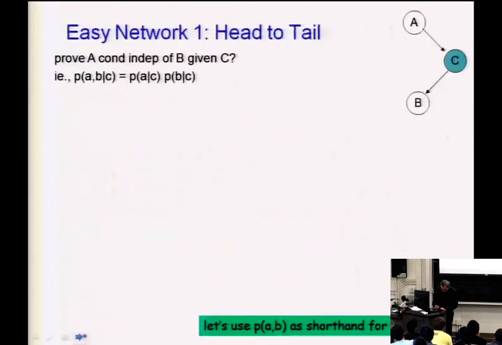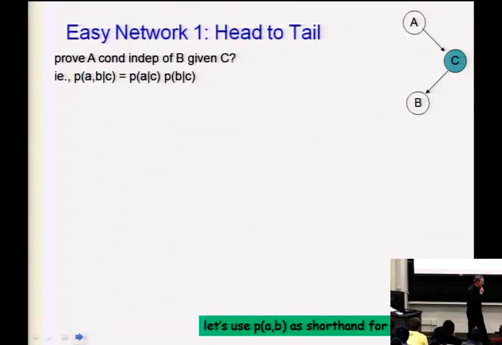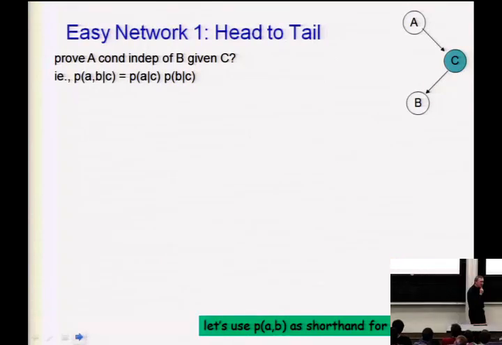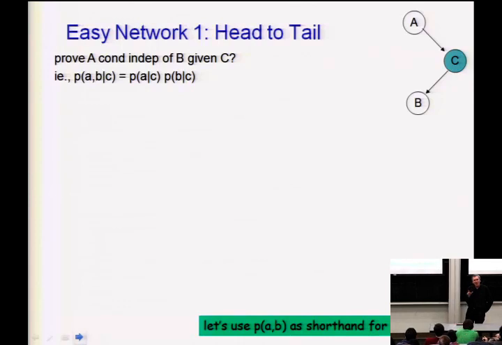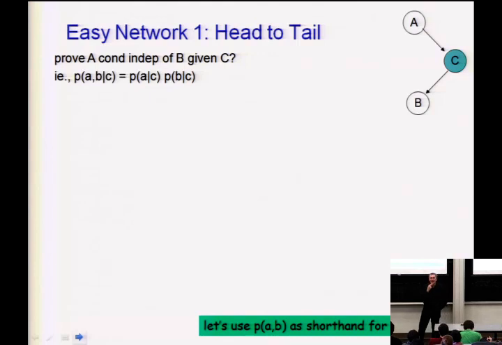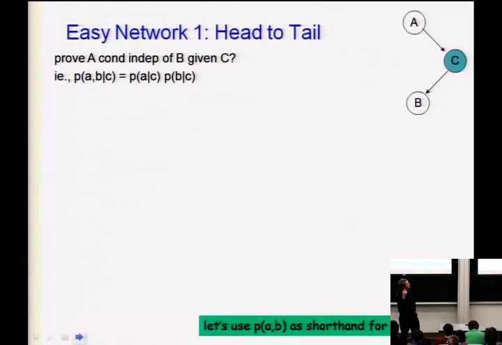To understand the notion of d-separation, it's defined in terms of three kinds of Bayes net subgraphs. And here's the first one. Now, a node is conditionally independent of its non-descendants given its parents.